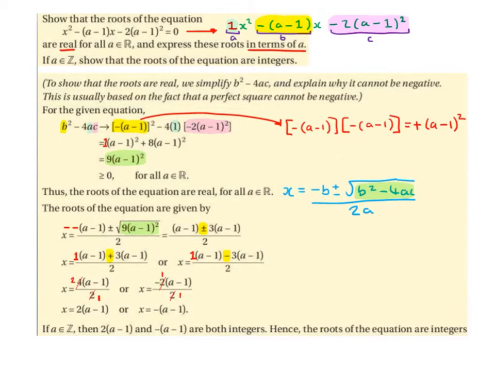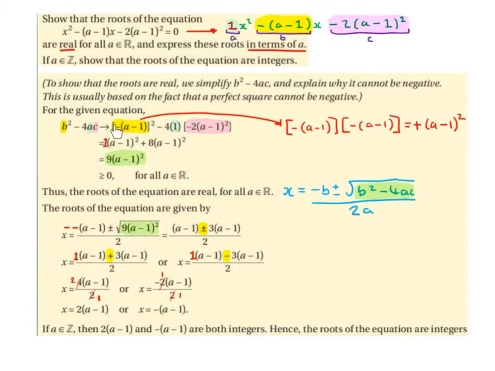So for the given equation, b squared minus 4ac, we're going to swap the b for minus (a minus 1), and that's going to be squared. Bring over the minus, bring over the 4, and then a is just 1, so 1 with brackets around it. And then c is minus 2(a minus 1) squared.